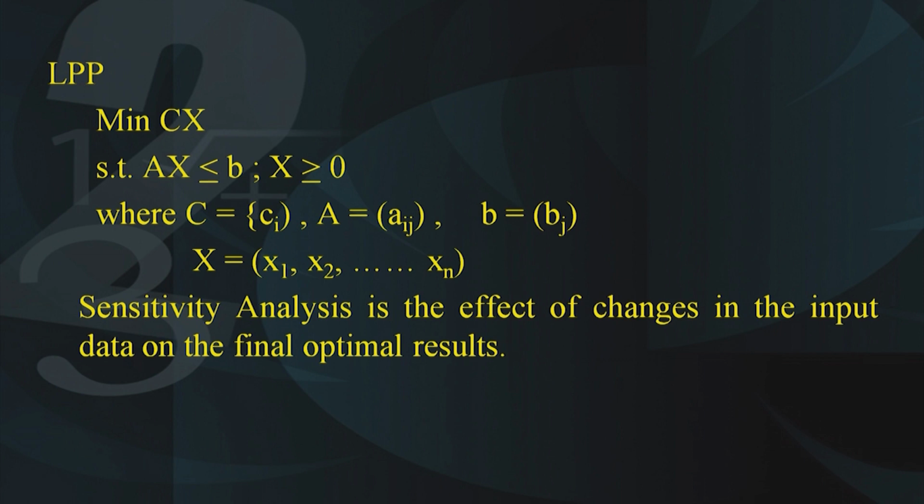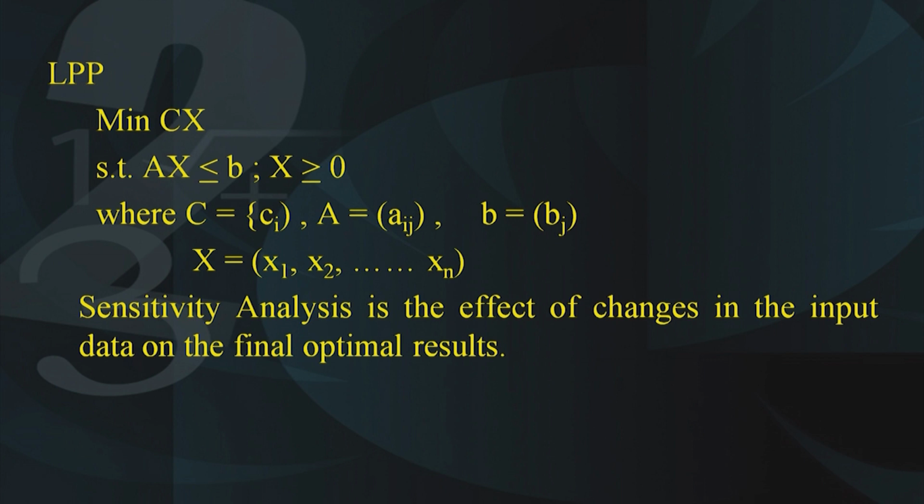Do we need to solve the problem all over again, or we can make some conclusions from the initial and the final table which is given to us? So, let us first define the given linear programming problem. This we had done in the last lecture also, but I am repeating it for the sake of continuity.